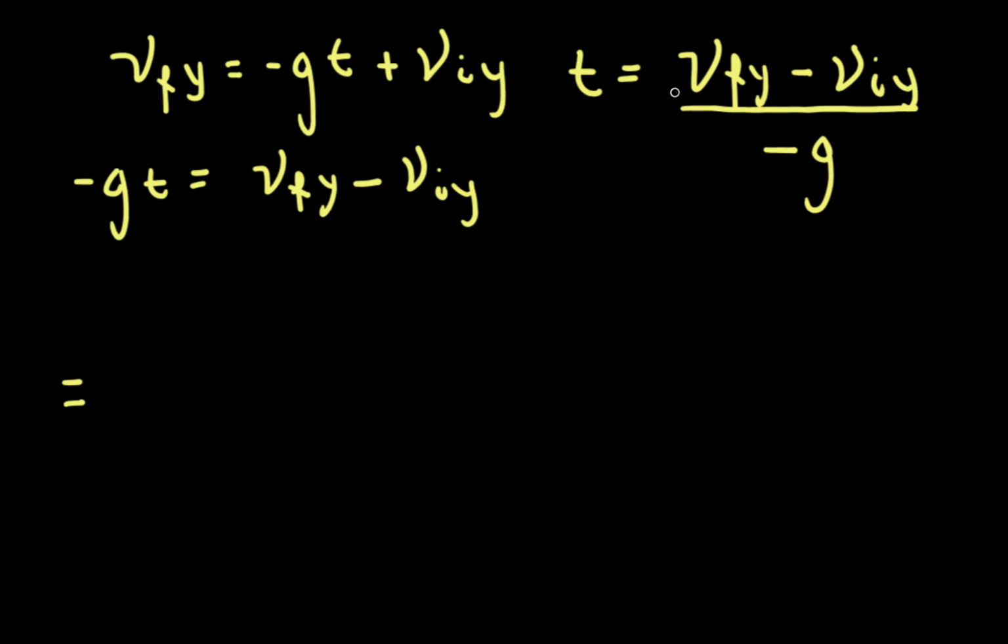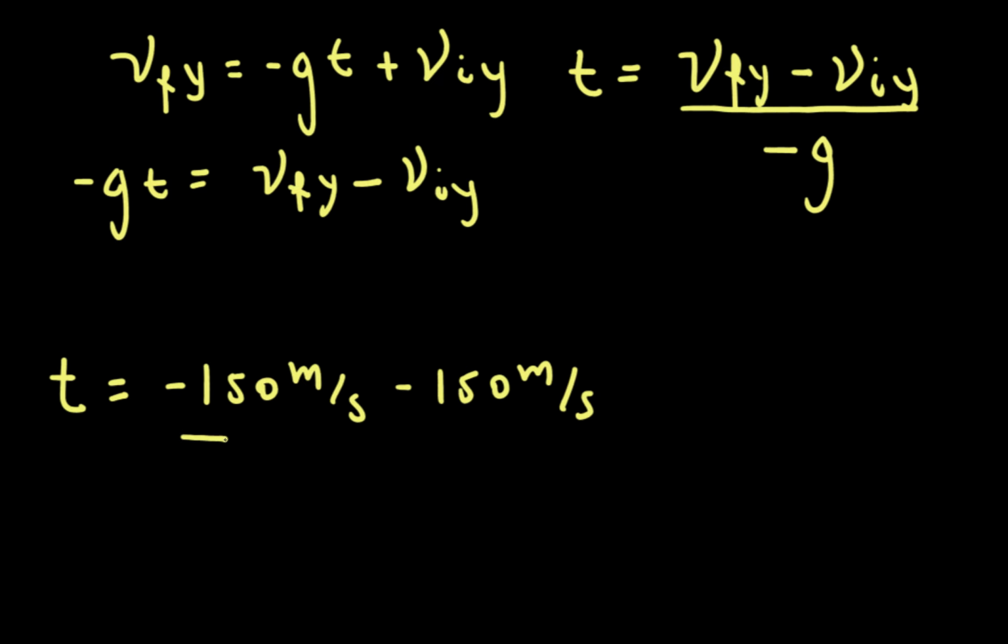So I'm just going to go ahead and say t equals, let me write this better here. T equals, velocity final in the y is minus 150 meters per second. You divide this by minus 10 meters per second squared.